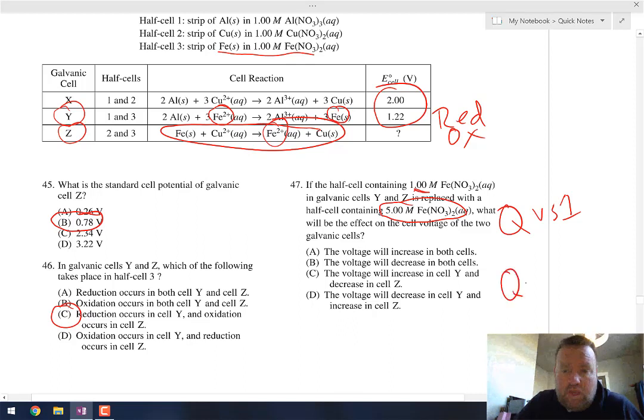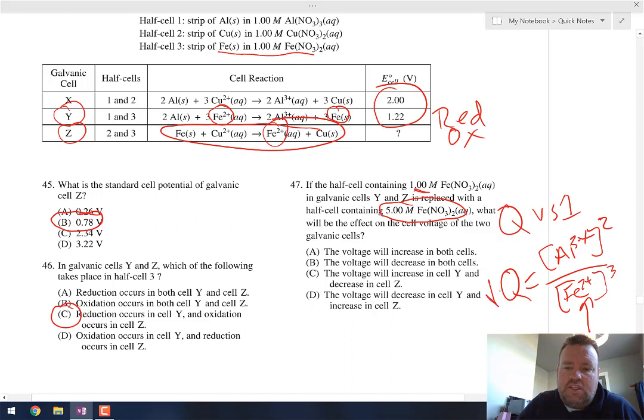So Q in galvanic cell Y is going to be the concentration of Al3+ squared over the concentration of Fe2+ cubed. If that number gets bigger, then Q gets smaller. So in that case, Q is less than 1, open mouth to the right. That increases the driving force. So in Y, the voltage is going to increase.